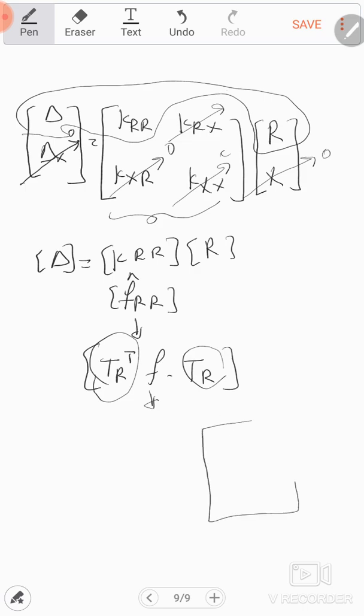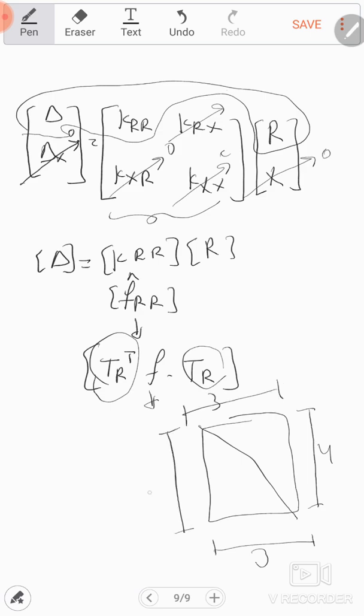Let me show here. This is your figure. Sorry for my bad drawing. This is 3, this one 4, and this is 3 because it's a square, and this is 4. The diagonal will be 5. So A equals 4, B equals 3, C equals 4, and D equals 3.